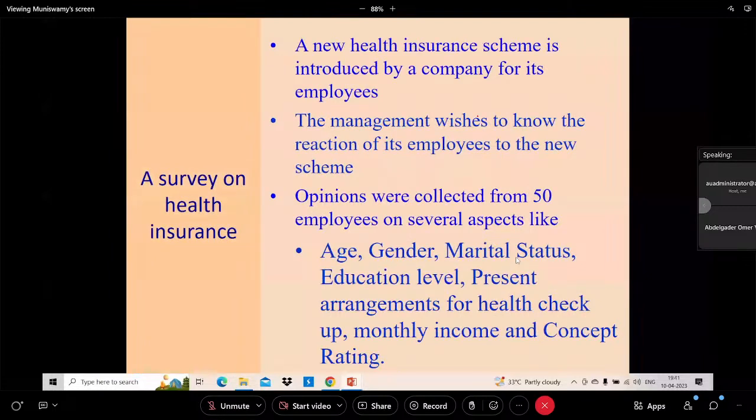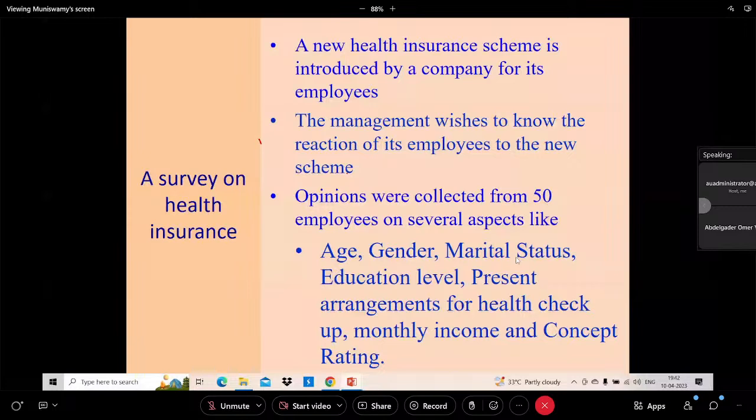The management wishes to know the reaction of its employees to the new scheme. If you introduce a new scheme, what is the reaction of the employees? So opinions were collected from 50 employees on several aspects. The sample size is 50.